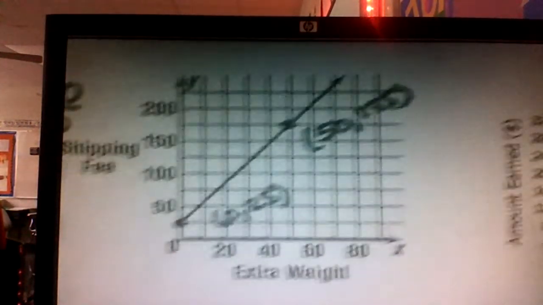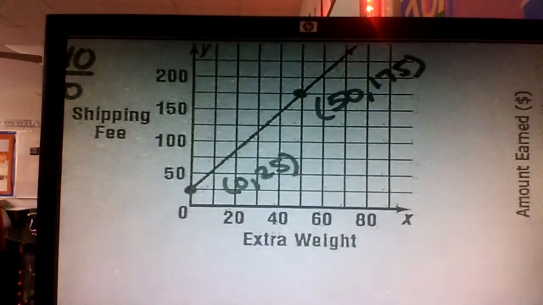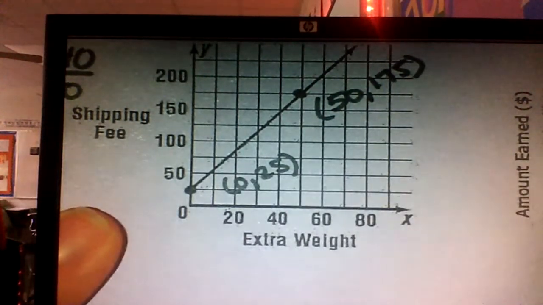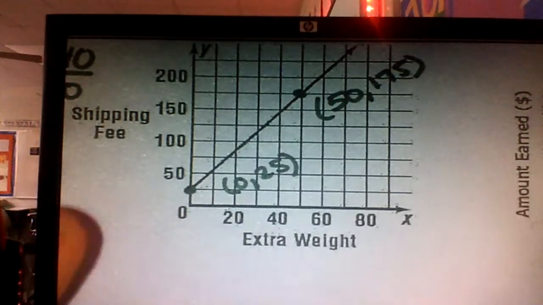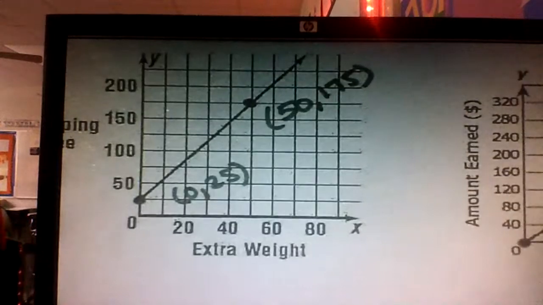Okay, this one. I marked 2 points, 0,25, as well as 50,175. Change in Y is what?